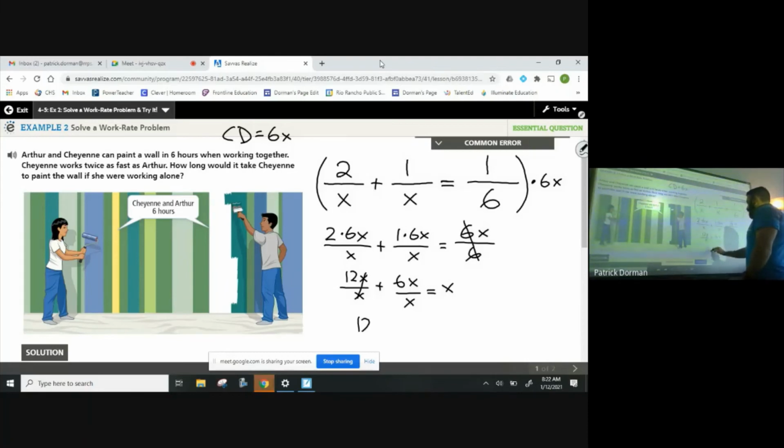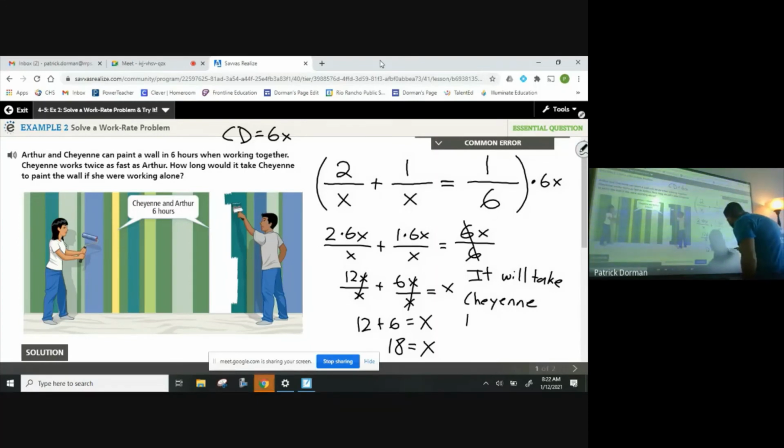We'll wind up with 12 plus, those will cancel, 6 equals x. So then x is 18. So it would take Cheyenne 18 hours if she was working alone. And I'll make sure to write that. 18 hours alone.